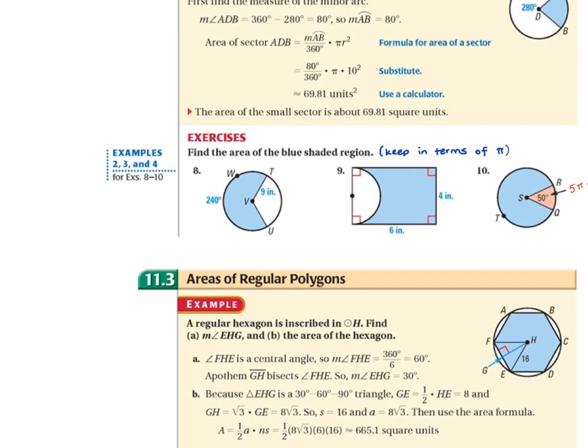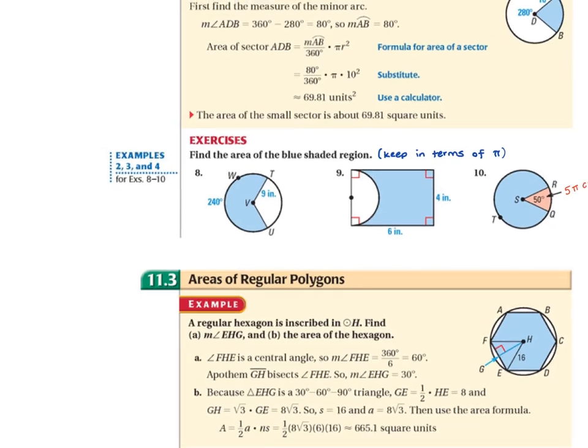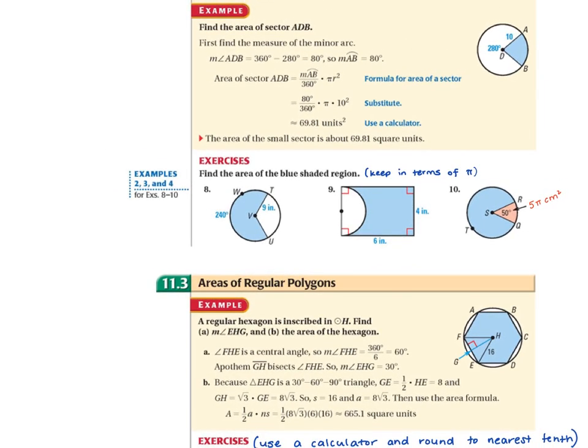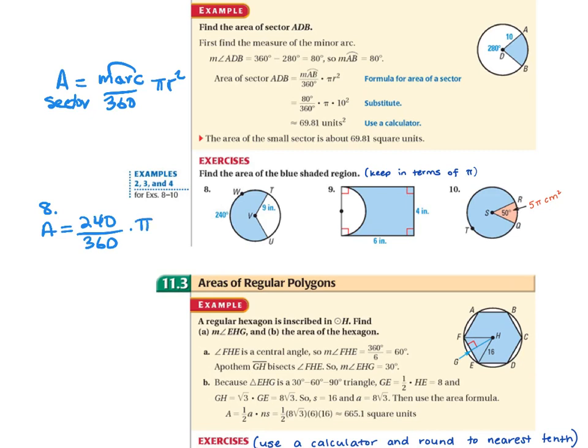Here it wants the area of the shaded region. If you recall, the formula for area of the shaded region, this will be area of a sector. So the measurement of the arc over 360 times the area formula, pi r squared. Let's replace what we know. Area of the sector is equal to 240 over 360 times pi times 9 squared.